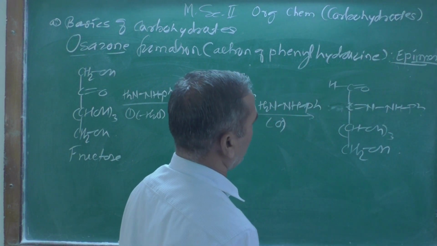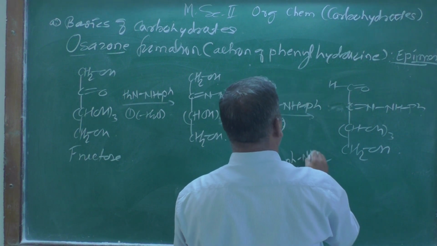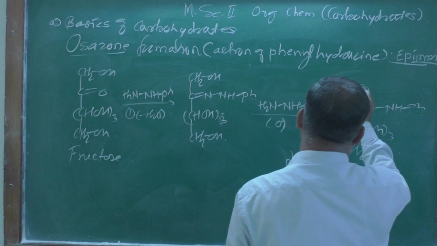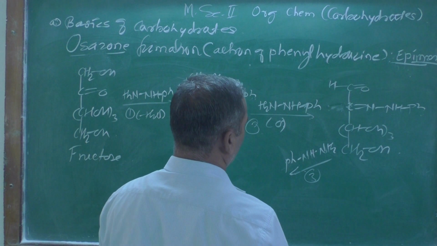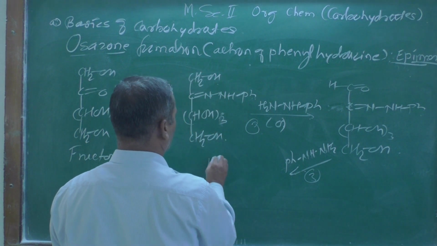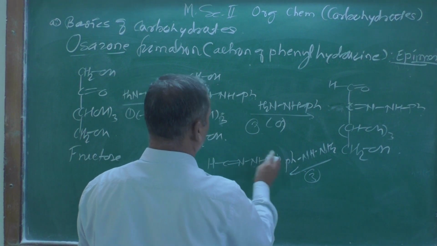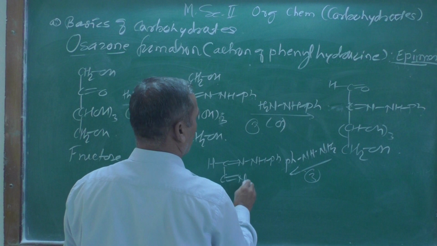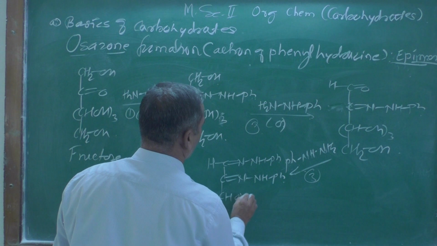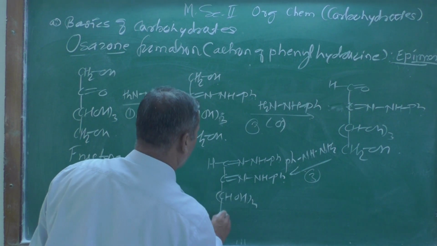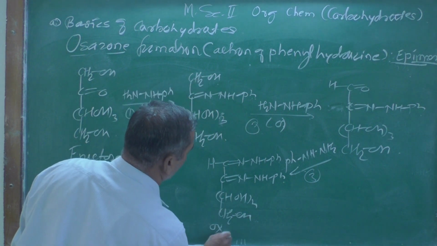Now again it is an aldehyde, so treat with Ph-NH-NH2, same reaction, the third molecule is consumed there, and we get CH double bond N-NH-Ph. Similarly C double bond N-NH-Ph, and here CHOH four times, and then CH2OH. This is nothing but the oxazone derivative.